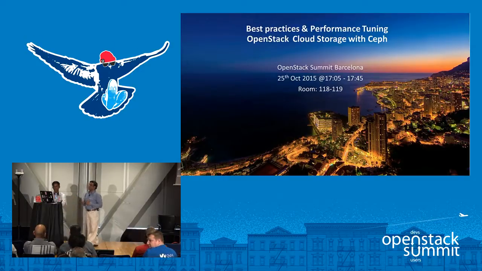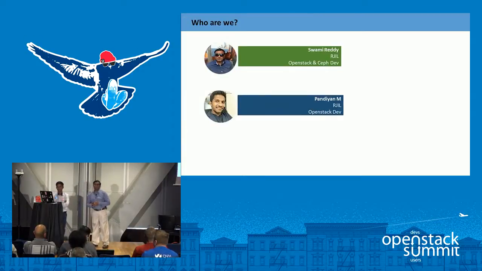Before going to the next slide, we want to introduce ourselves, who we are. I am Swami Reddy, working with RJL. I am working with OpenStack and Ceph projects for the last 3 years. As part of my job's key responsibilities, I need to manage my Ceph clusters, which are the backend for OpenStack clouds.